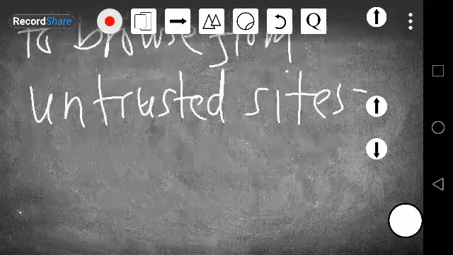We can use things like antiviruses, permission for untrusted sources, things like blocking traffic from untrusted sources. There are many more, but these are just a few.